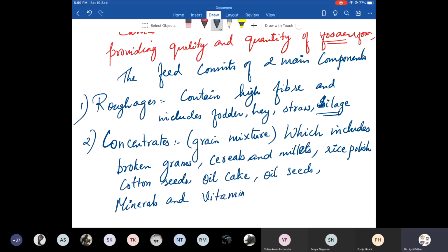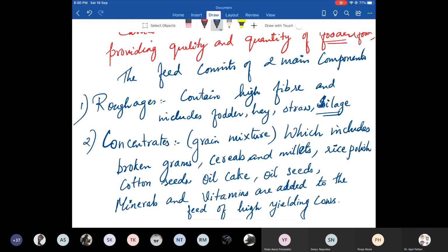So basically, the kind of food you give is very important to increase the yield of milk, the yield of the cow. Okay, is it clear?